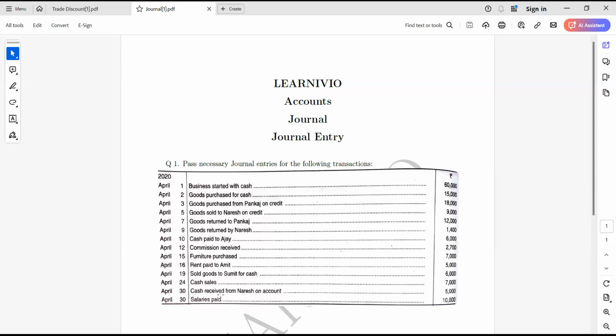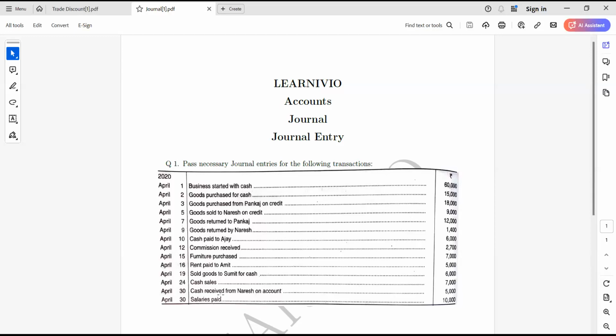No. Debit is what comes in. Sir, that will be wrong. Okay. First, think about it. Who is Ajay here? Personal account. Yes, sir. So in a personal account, what do we see?